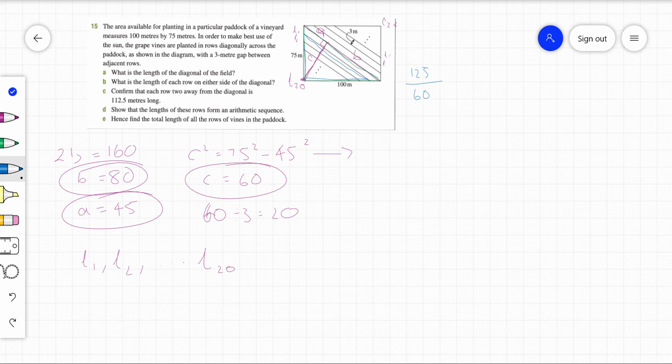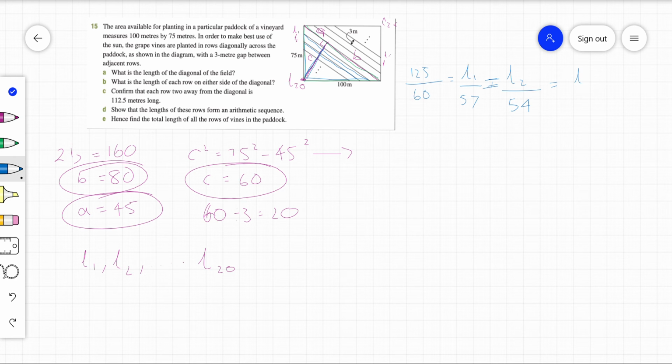That was C. So if I look at my next similar triangle, that's my L1, or my first diagonal, over its height. Now remember its height is 3 less because we've come in 3, so 60 take away 3 would be 57. And then if I look at my L2, let's say it's equal to also, this L2 line now has a perpendicular height of 3 less, so 54.